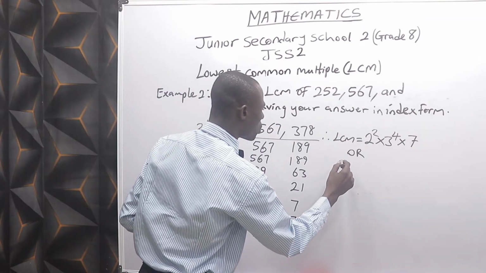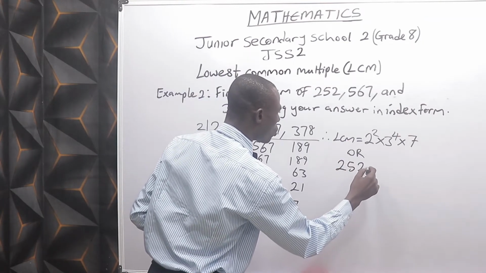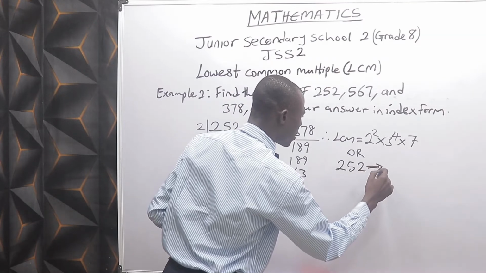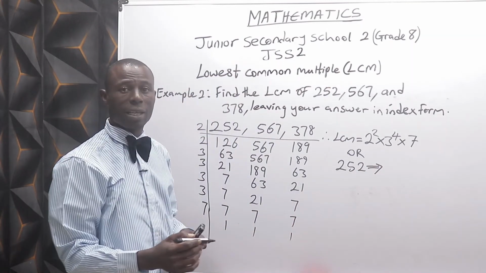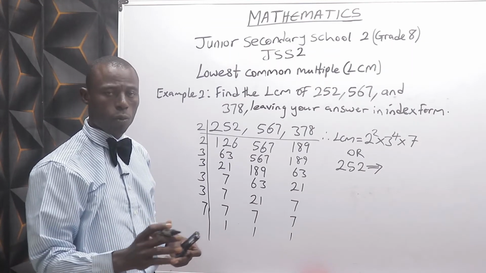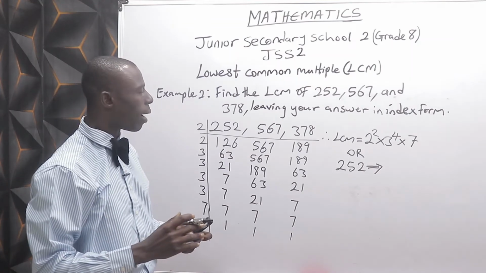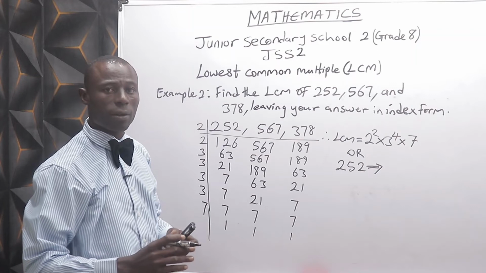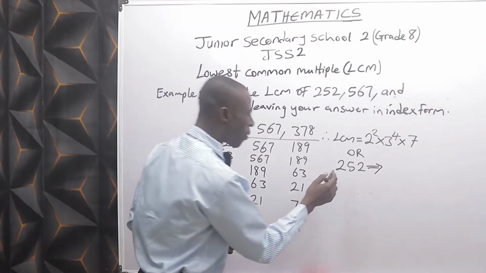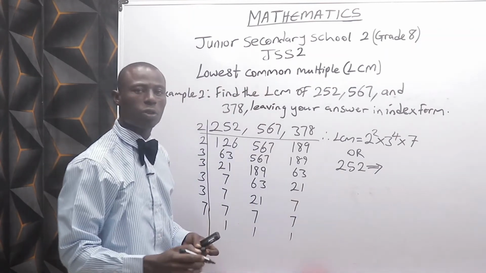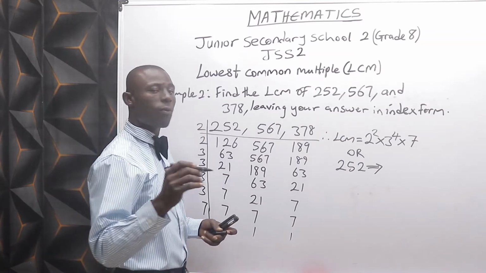So we put 252. We express 252 in index form. We break it into index form. That is, we write 252 as a product of its prime factors.